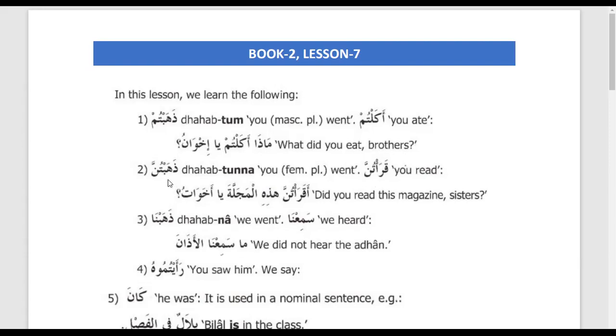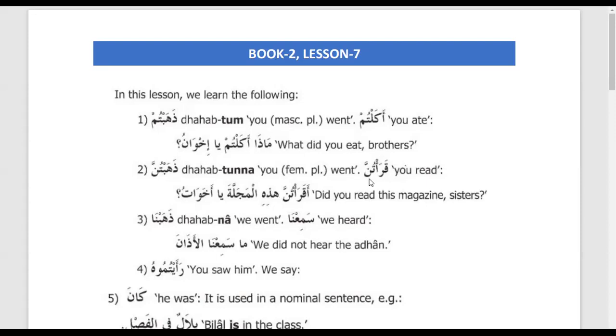For example, we say dhahabtunna. If I want to say you all ladies ate, how will we say? Akaltunna, right? Akaltunna, excellent. And similarly, if we want to say you read to the ladies, we will say qara'tunna.